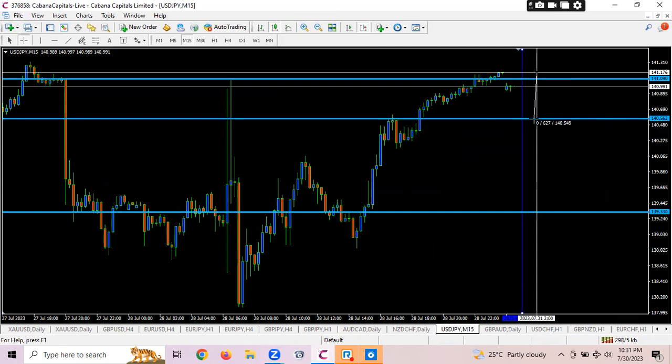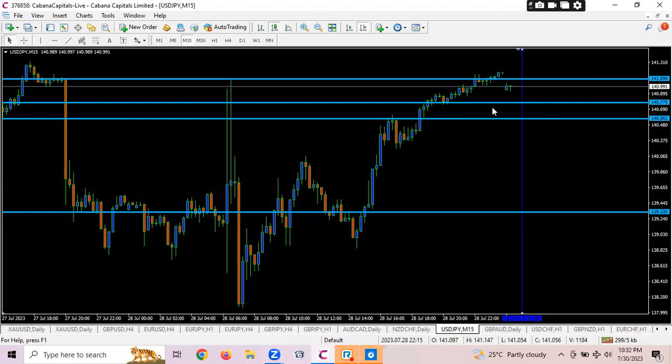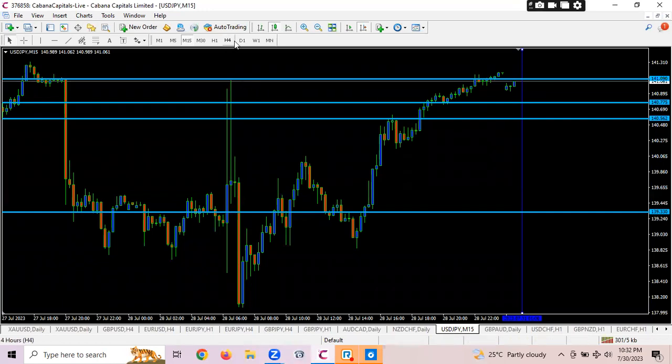About 60 pips. Okay. I must also consider this support as my first entry. The bearish candlestick must close below this support level. The 4-hour candle must close below these levels before I consider selling USD JPY.